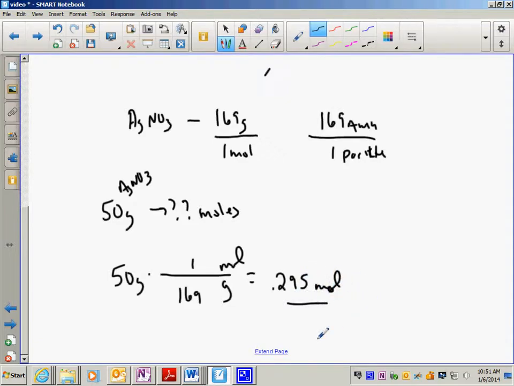Mole represents number of particles. And since 1 mole weighs 169 grams, then I have 0.295 moles, regardless of whether you at this point even know what a mole is. Advanced factor label. Good examples in chemistry that we'll be using quite a bit throughout the year.